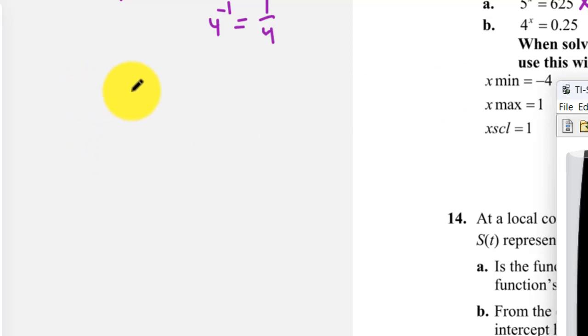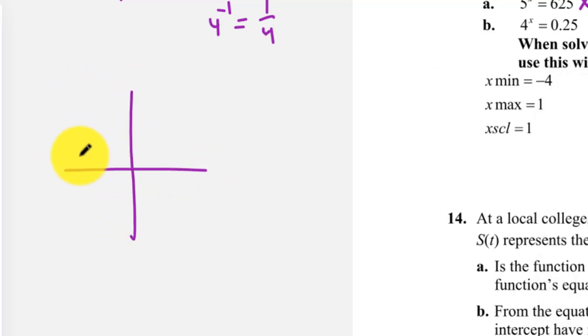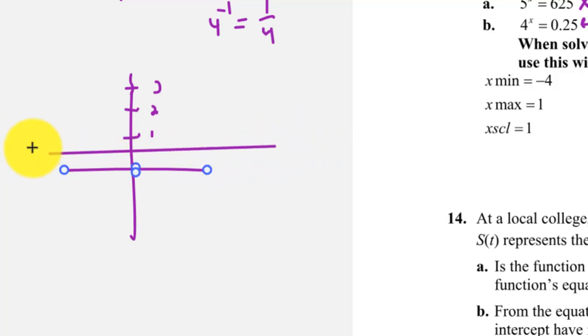Right, so when we're graphing this, we're going to have a straight line. If this is 1, 2, 3, the right side of my equation is 0.25, so I'm going to have a straight line at 0.25.